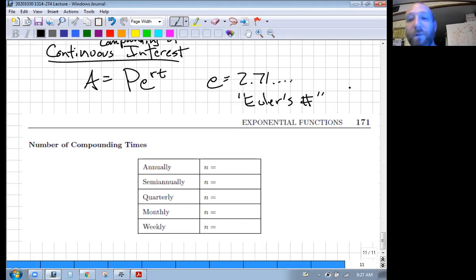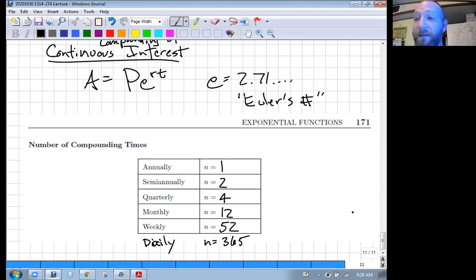So if we're compounding annually, n is 1, semi-annually 2, quarterly 4, monthly 12, weekly 52 weeks in a year, right? Daily, and it would be 365. All right.